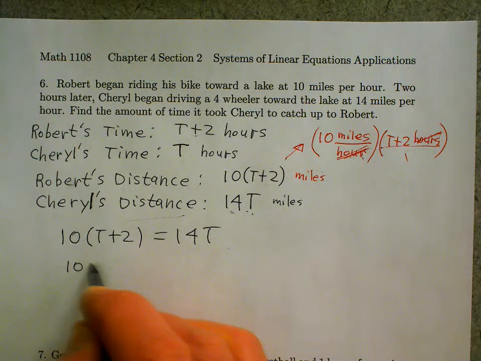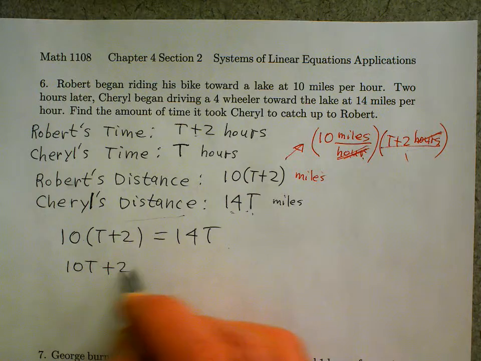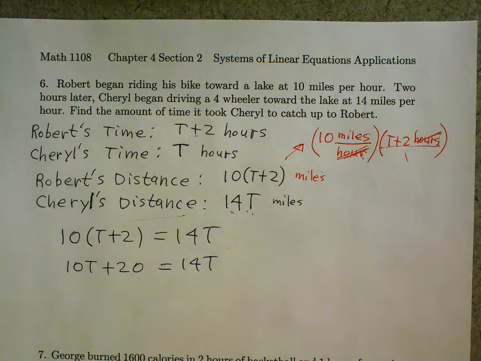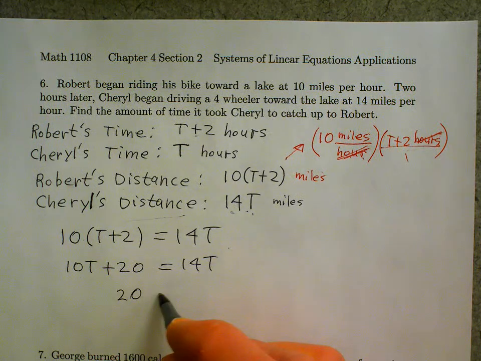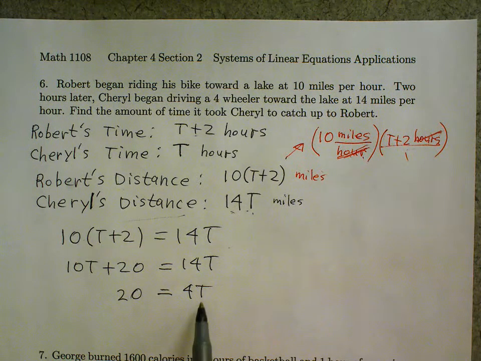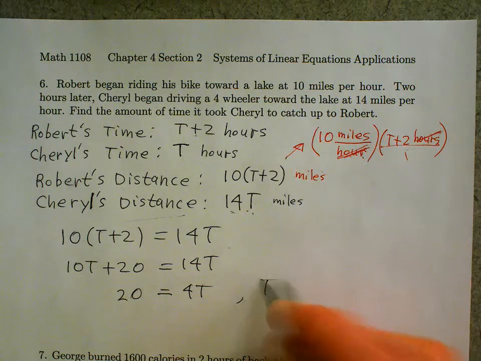We get 10T plus 20 equals 14T. And then we can subtract 10T from both sides, and we get 20 equals 4T. Then divide both sides by 4. We get T equals 5.